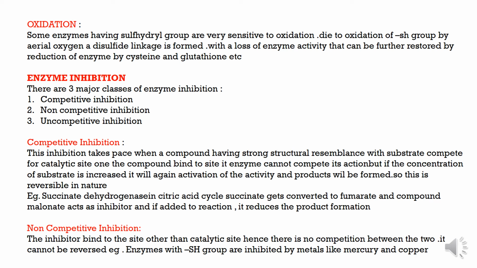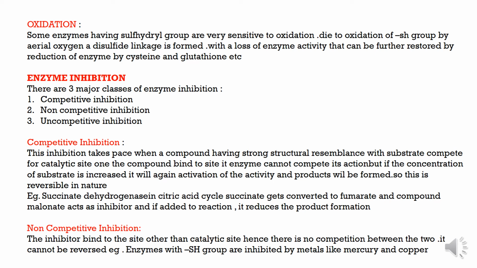For example, succinate dehydrogenase is an enzyme in the citric acid cycle where succinate gets converted into fumarate. Succinate is the substrate, fumarate is the product, and the compound malonate is an inhibitor, and if added to the reaction it reduces product formation.